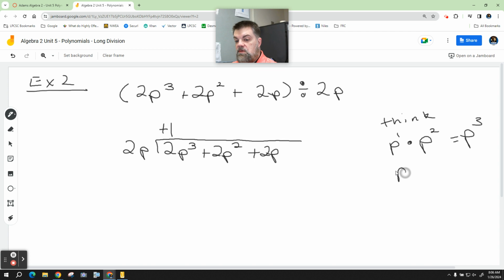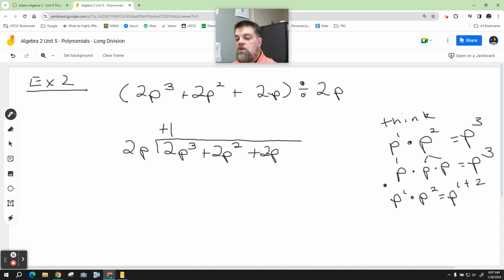In other words, we would say p times p times p, which is p to the third. Remember that p squared is p times itself. Or another way you could think of it is p to the first power times p to the second power is equal to p to the 1 plus 2.